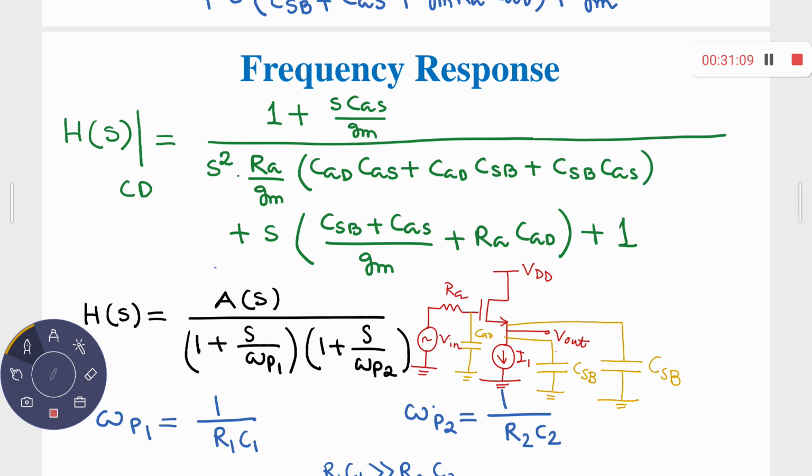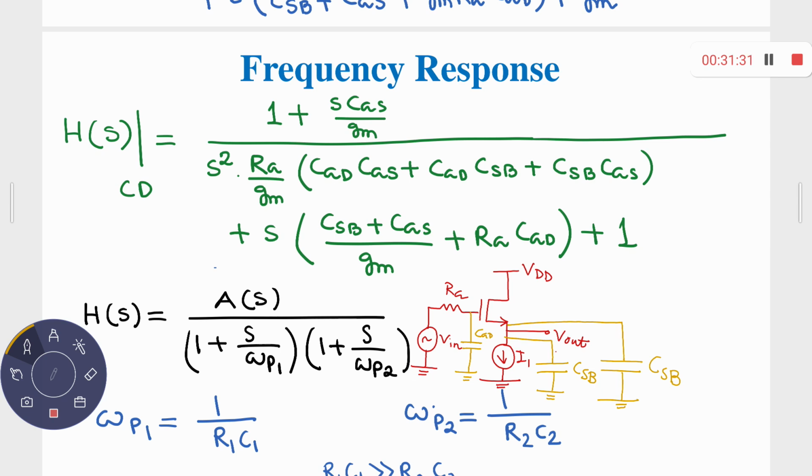So you divided this between gate and the reference terminal and drain and the reference terminal. That was the idea. Now this time the capacitor is connected between gate and source, which experiences the Miller effect.